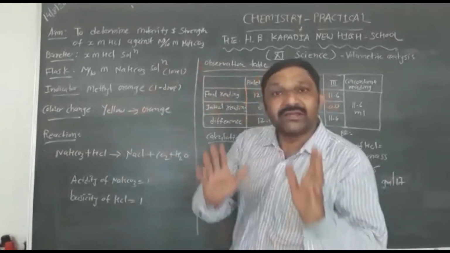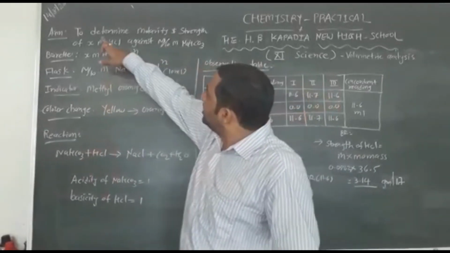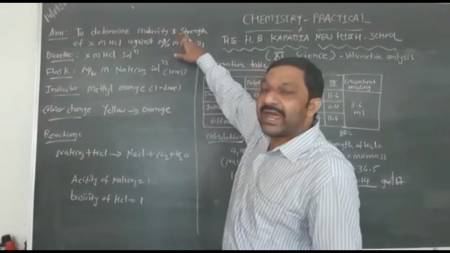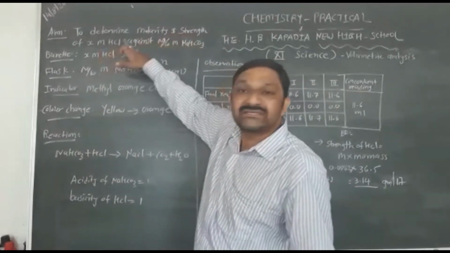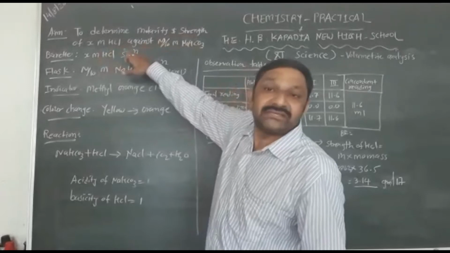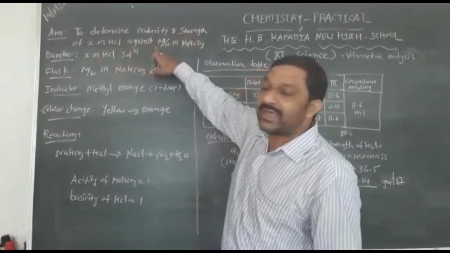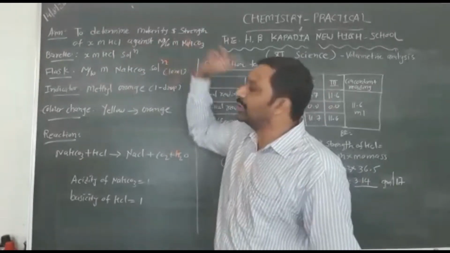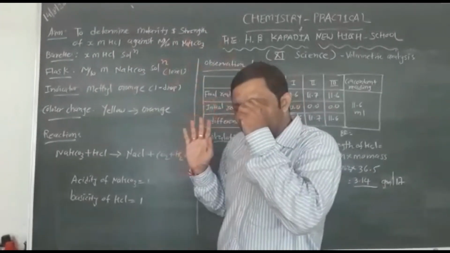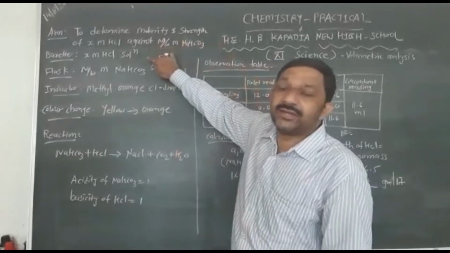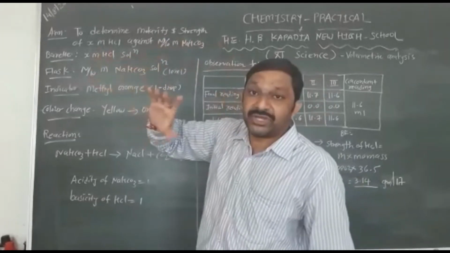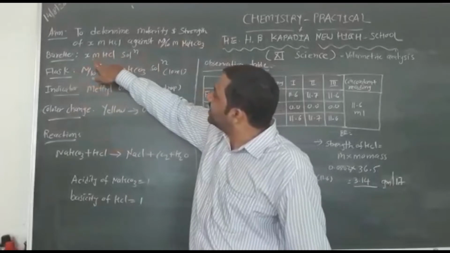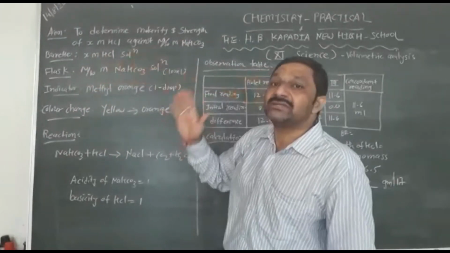Listen in. To determine the molarity and strength of an X molar HCl solution against M/10 NaHCO3 solution. In the burette, you have to fill up the X molar HCl solution.